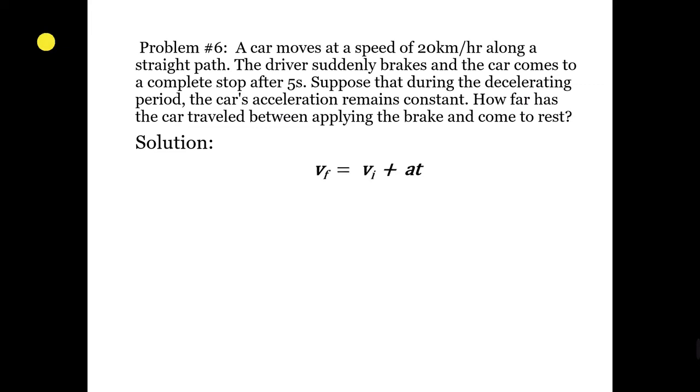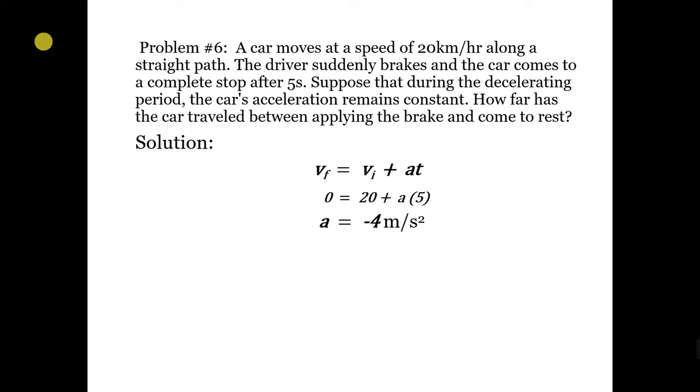We will initially use the formula of final velocity to solve for the acceleration. Now, in this problem, the final velocity is equal to 0 because the car stopped after 5 seconds, a time during which the car travels with an initial velocity of 20 km per hour.